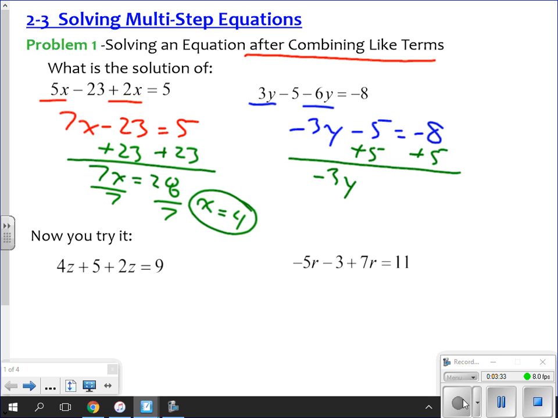That gives me negative 3y equals negative 3. Now I want to get rid of the negative 3. It's negative 3 times y, so I divide both sides by negative 3. These cancel. These also cancel to become 1, so I get y equals 1.